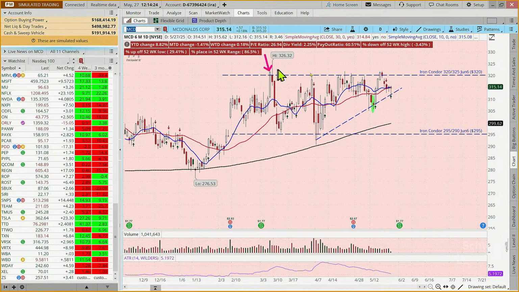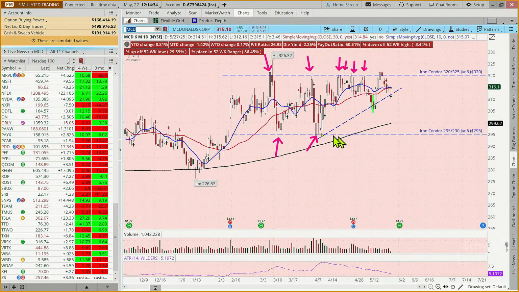Well, it came up to this high once, twice, 3 times, 4 times, 5 times, 6 times. And it came down to this bottom a couple of times also. And so we put on this trade that said, hey, if it stays below 320 and above 295, we're going to be great.